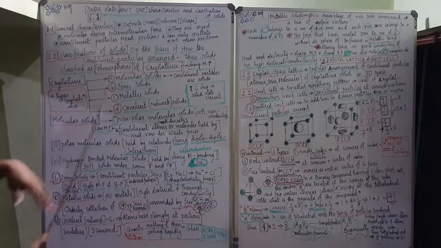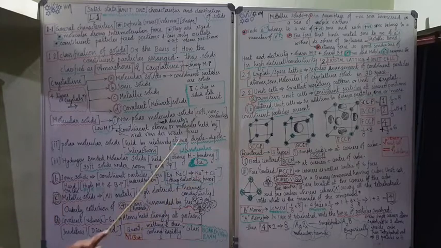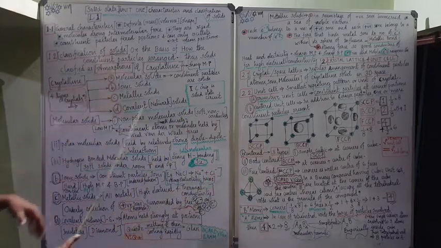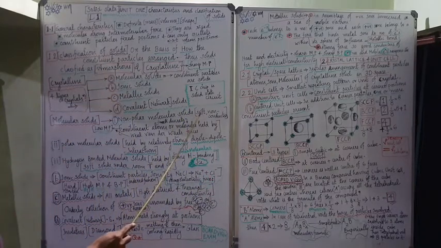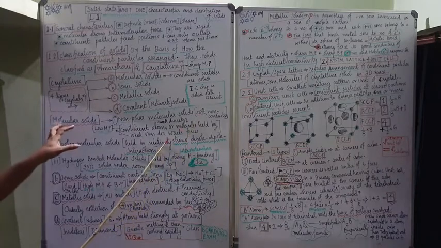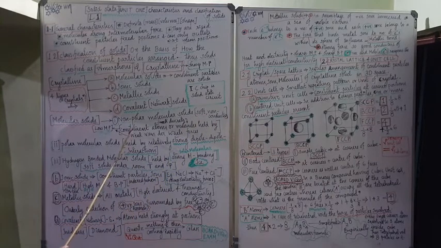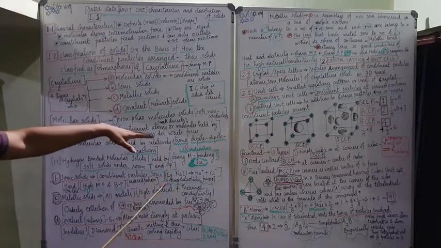Coming to the first, non-polar molecular solids, the basic characteristics are that they are soft and non-conductors of electricity, and the constituent atoms or molecules are held by weak van der Waals forces.